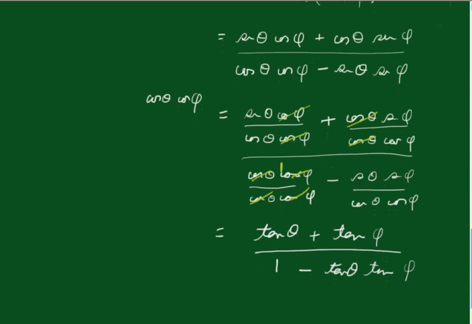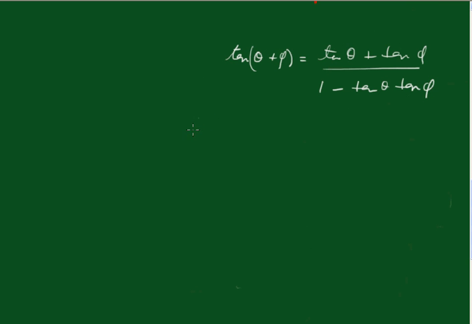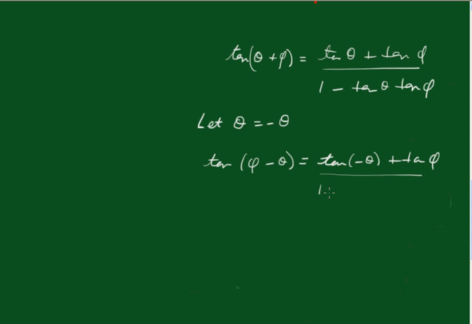Okay, and the final one. Right, I'll leave a bit of room. So again, we're going to let theta equal minus theta. So we get the tan of phi minus theta is equal to tan of minus theta plus tan of phi over 1 minus the tan of minus theta tan of phi.